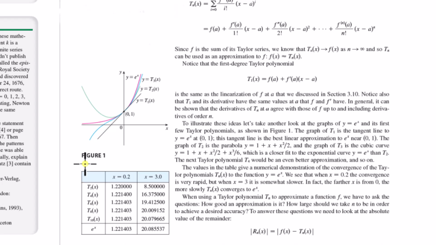But if you're going to be using the Taylor polynomial because it's easier to differentiate or something, then maybe you don't want to do e to the x evaluated at 3, because you don't want to write out 7 or 8 terms of the Taylor polynomial in your paper.